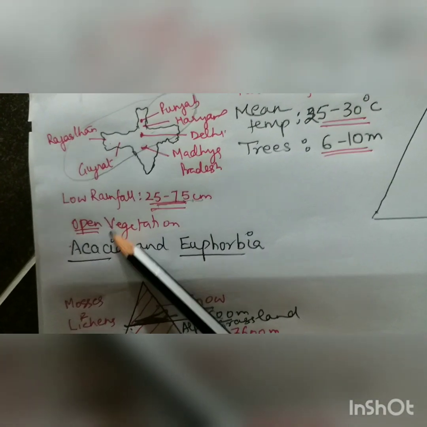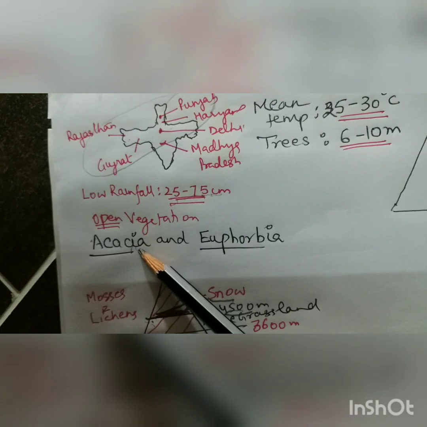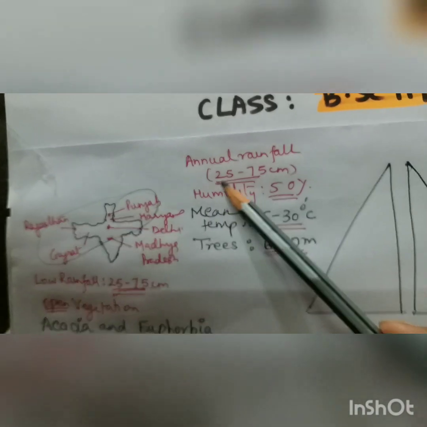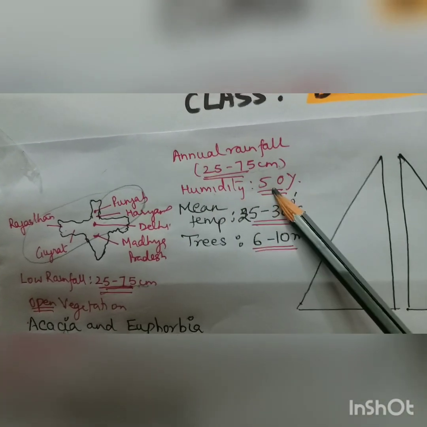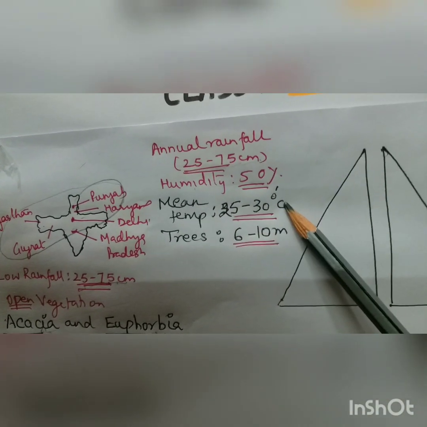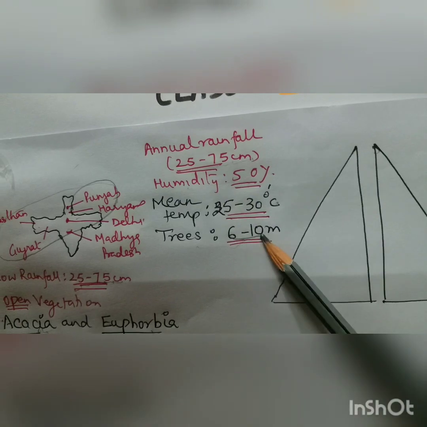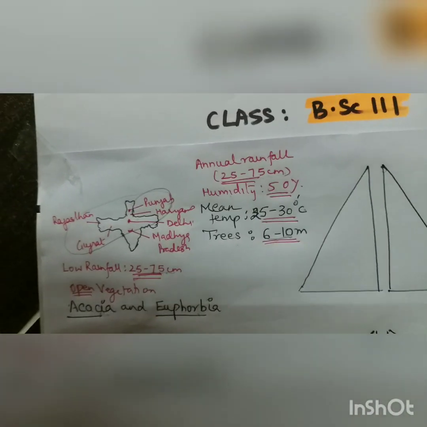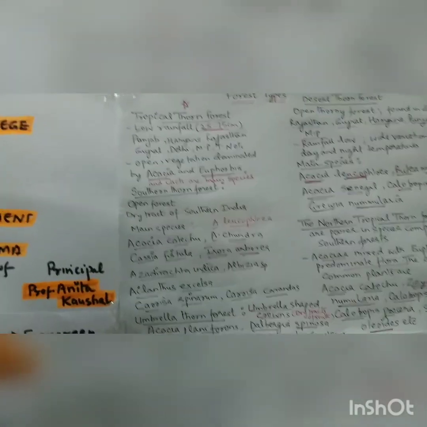Vegetation is open, and the prominent species are acacia and euphorbia. So annual rainfall 25-75 centimeter, humidity 50%, mean temperature 25-30 degrees centigrade, and trees are 6 to 10 meter in height.